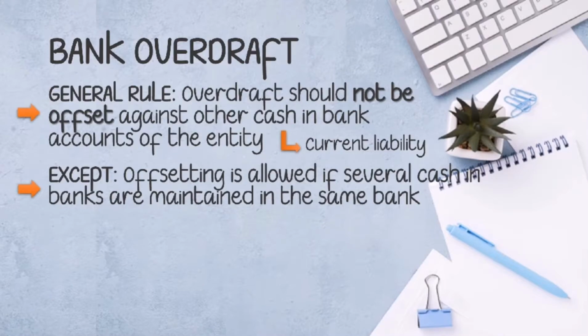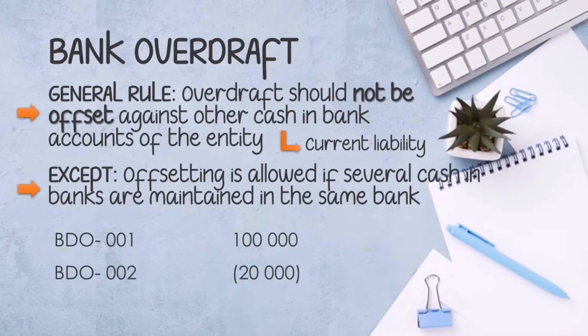So let's have this illustration. The following are the accounts of the depositor in different banks. The first is BDO account number 001 amounting to 100,000. Next is BDO account number 002 with a credit balance of 20,000. The credit balance is known as the bank overdraft. And lastly, BPI account number 009 amounting to 50,000.